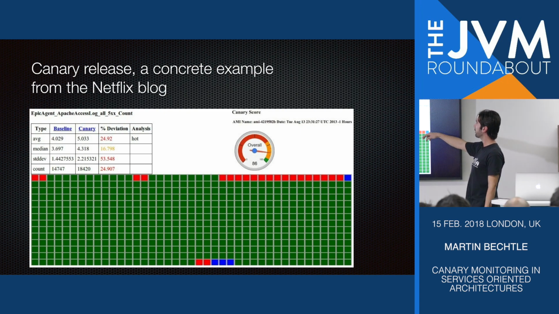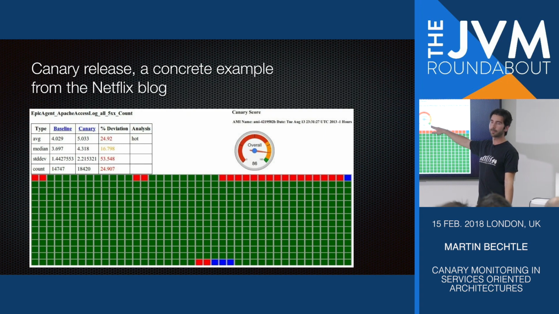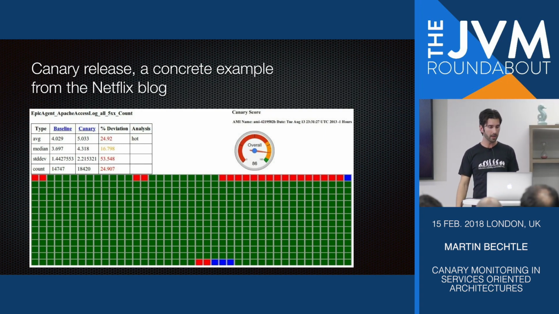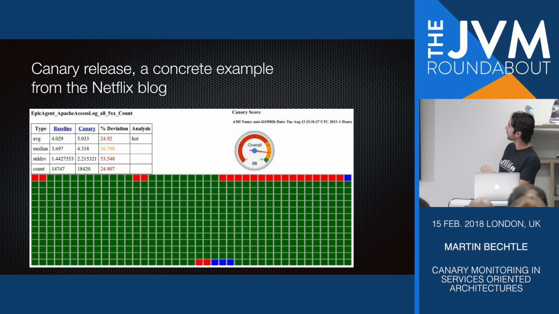And they decided whatever is under 90% is a fail. So this is an example of a release that didn't go too well, because now we have 25% more 500 errors in our Canary environment. So it's still not ready to be pushed to production. So back to the devs essentially to figure out what's going on.